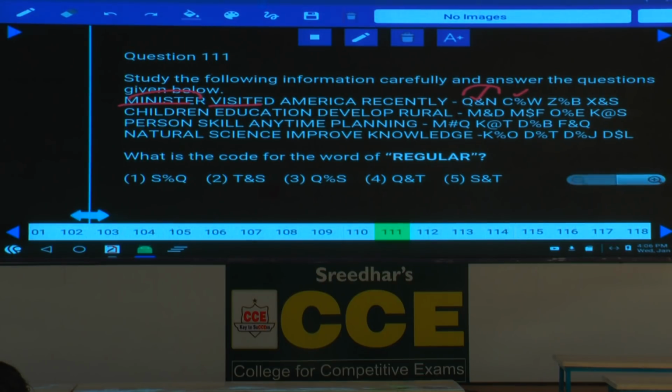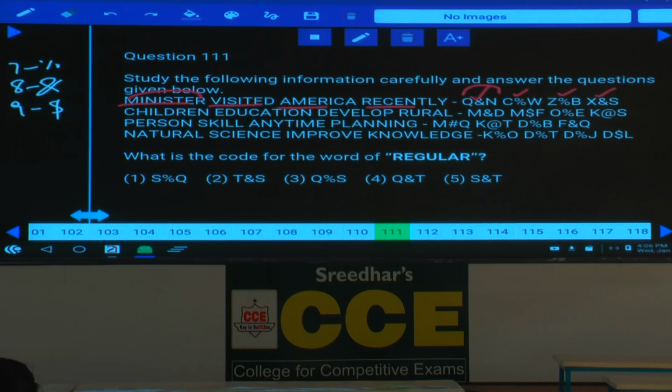Here America, how many letters are there? 7, hence it is percentage. Here how many letters are there? 8 is given by at the rate of, hence 7 letter is percentage, 8 letters is end. Next one, children, how many letters are there? 8 letters. Education, how many letters are there, 6 plus 3, 9. Now 9 letters, what is the code here? That is dollar.